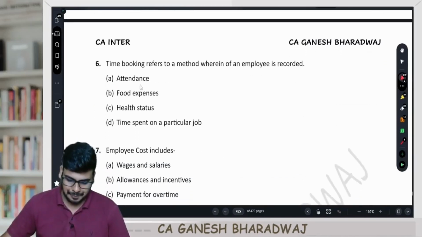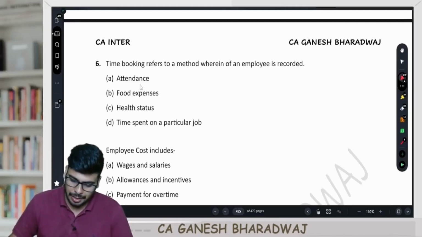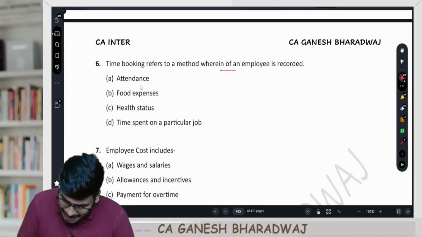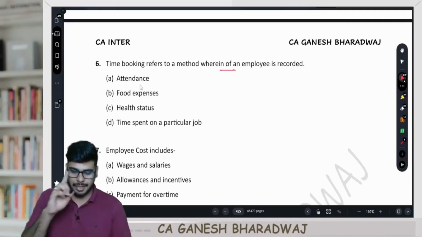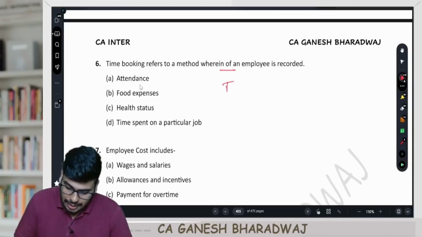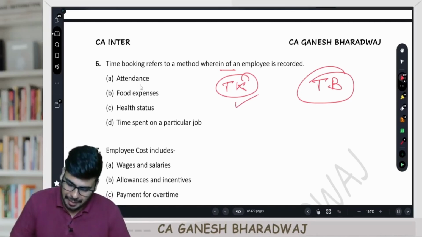Next, time booking refers to a method wherein dash of an employee is recorded. Understand there are two things: time keeping and time booking. What do you mean by time keeping?